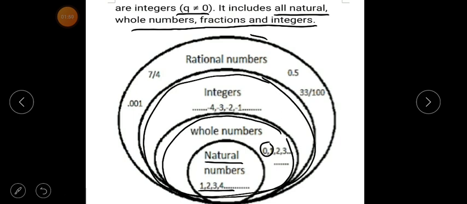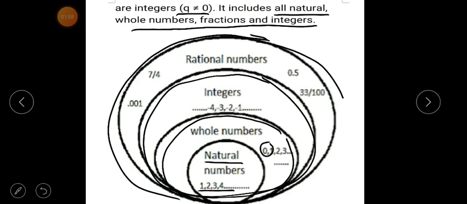And if we add fractions to them, and then negatives of the fractions, then these numbers are rational numbers. So it means that rational numbers include integers, whole numbers and natural numbers. Or we can say that all natural numbers, whole numbers and integers are rational numbers.